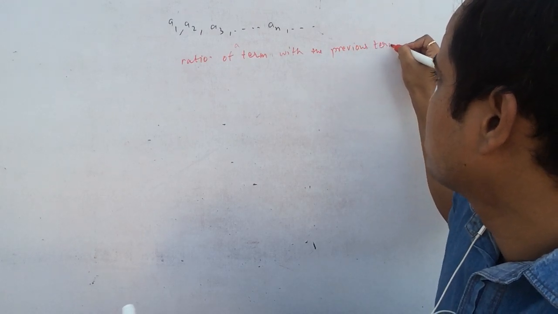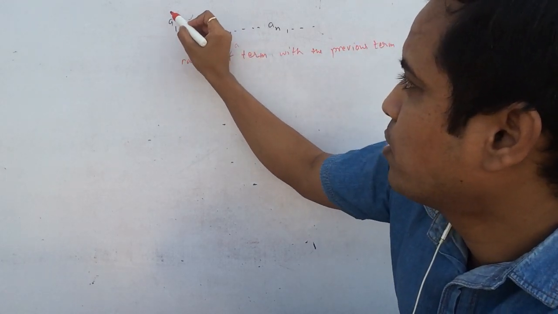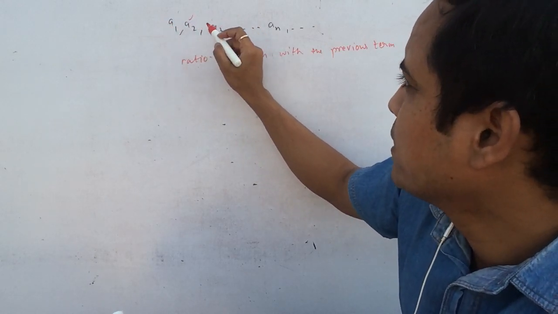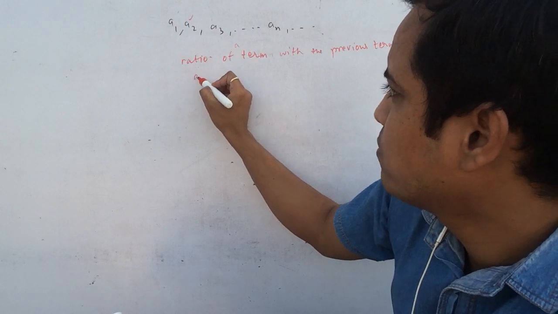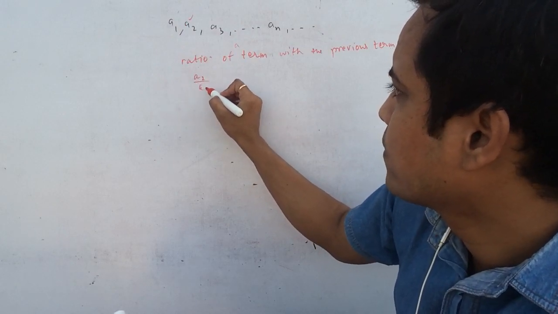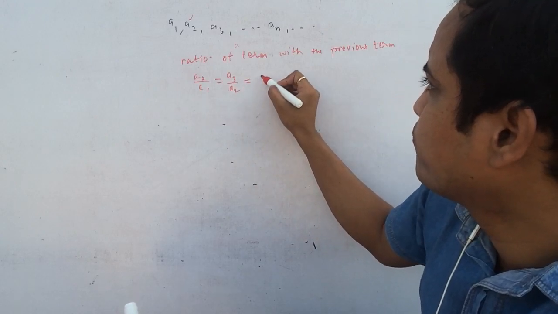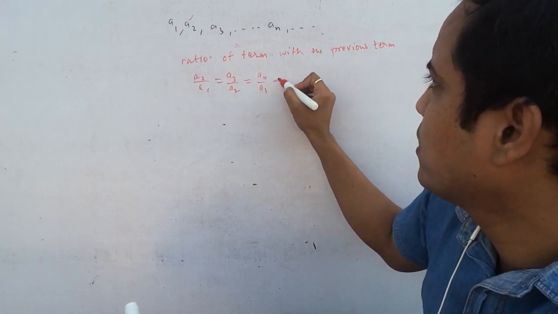That means a2 upon a1, where the first term should not be equal to 0, equals a3 upon a2 equals a4 upon a3, and similarly.